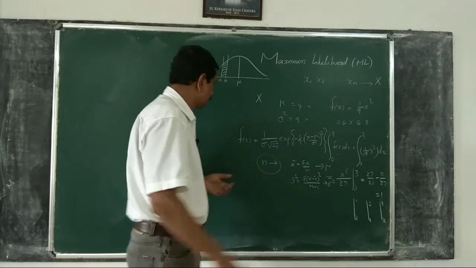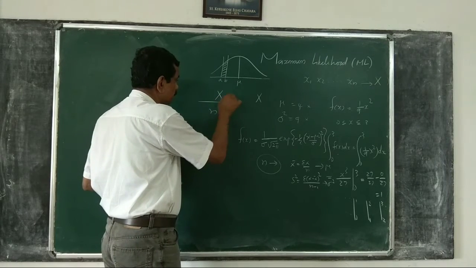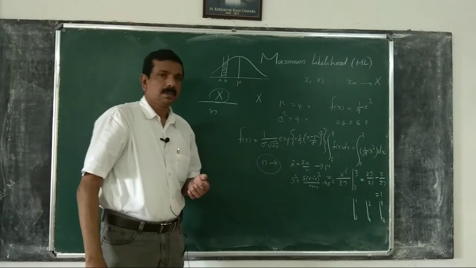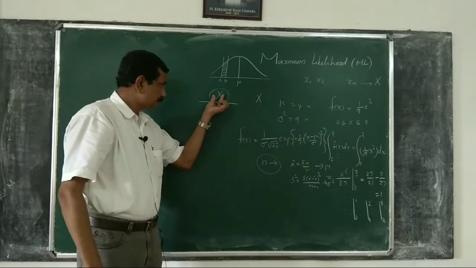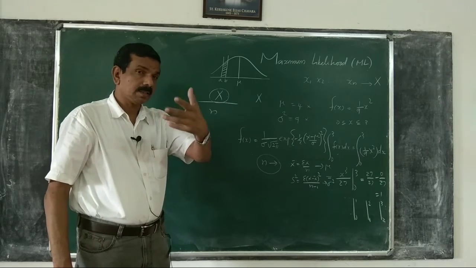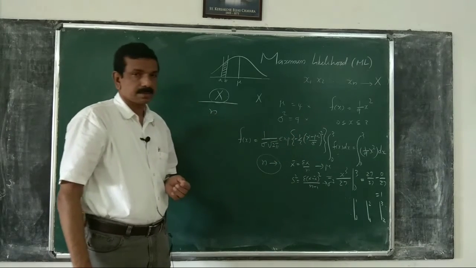We take n samples from this normally distributed random variable, and these n observations might have been generated by many different normal populations.